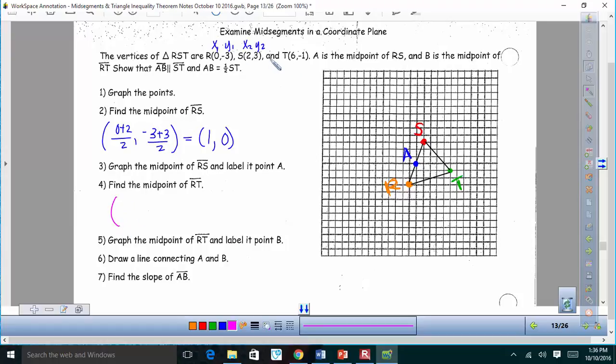So again, I'm going to do x1 plus x2, so 0 plus 6 divided by 2, and negative 3 plus negative 1 divided by 2. 6 divided by 2 is 3, and negative 4 divided by 2 is a negative 2. So now I'm going to go right 1, 2, 3, and down 2. I'm going to label that point B, and then I'm going to connect A and B.